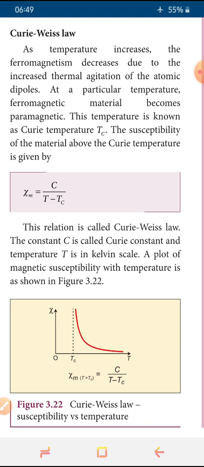In the graph of magnetic susceptibility against temperature, at the beginning we have a large susceptibility. At the temperature Tc it becomes paramagnetic. As temperature increases, the susceptibility decreases, and we get the curve shown in figure 3.22.